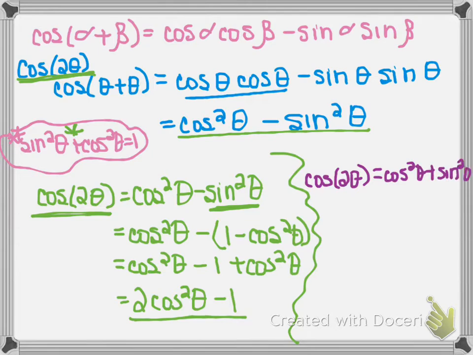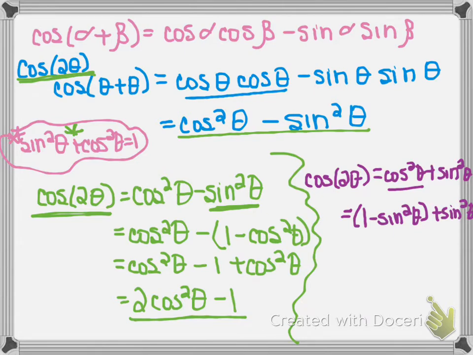Sorry, that's getting tight there. Okay, and if I want it just in terms of sine, let's substitute for cosine squared. If I substitute for cosine squared, I would have 1 minus sine squared theta, and then my sine squared theta that's trying to go off the screen.